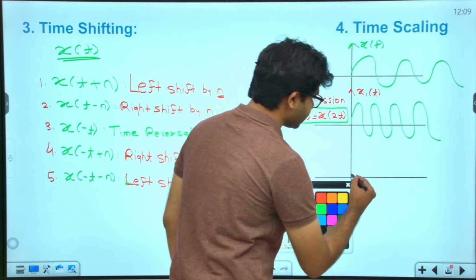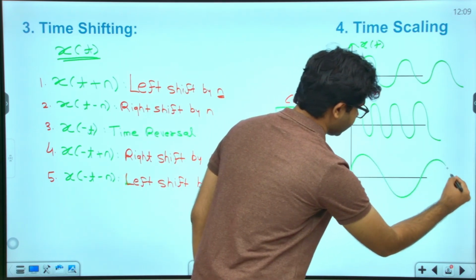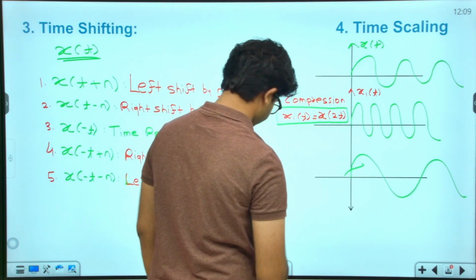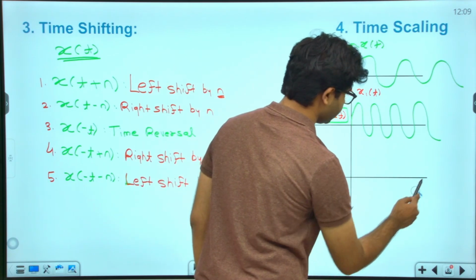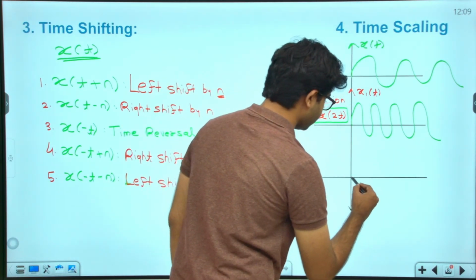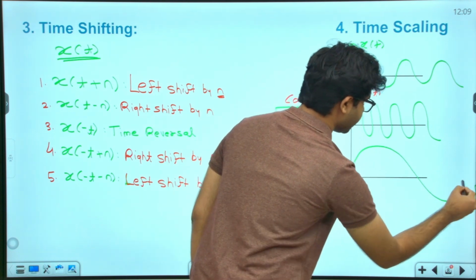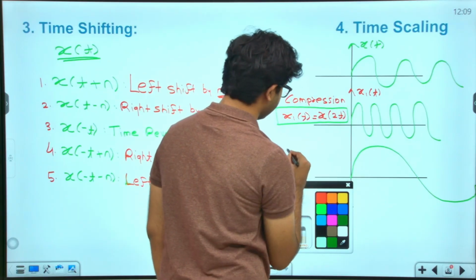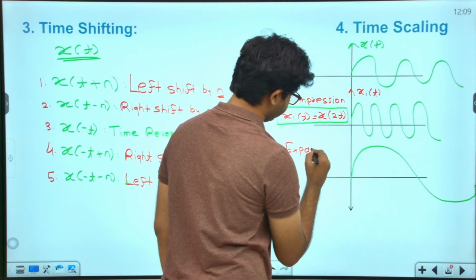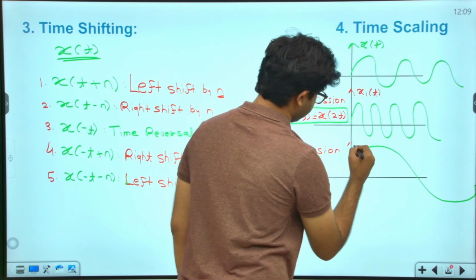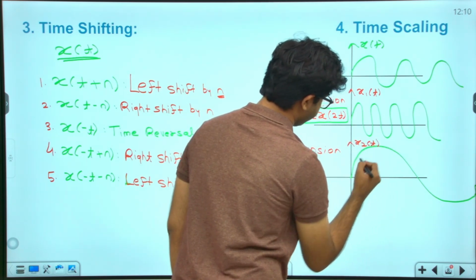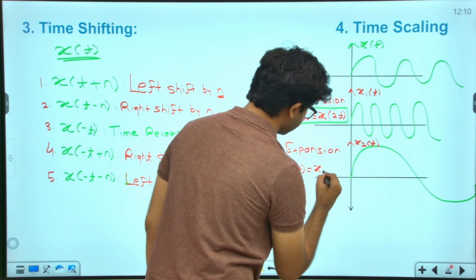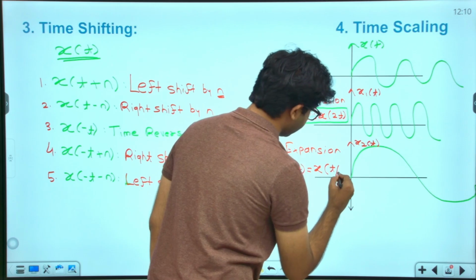And if I draw the expansion, if this is the expansion of this, I will draw it more clearly. If this is the expansion of this original signal, then its equation will look like, as this is the expansion, x2 of t will be x of original t by 2.